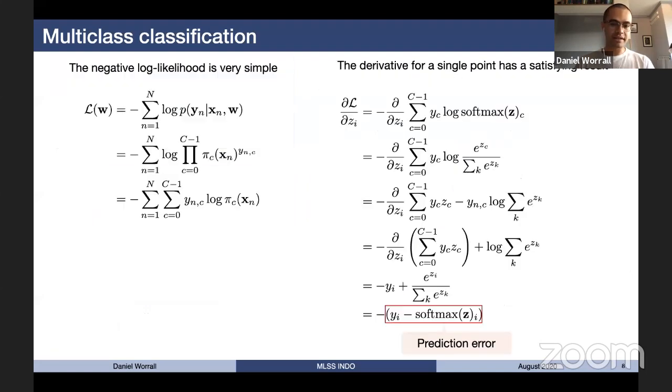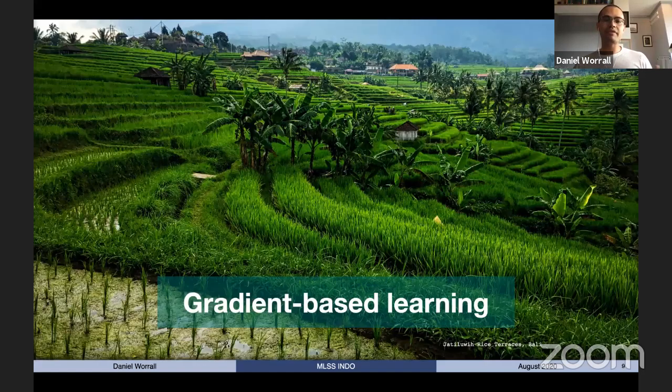We want to take these gradients, set this equal to 0, because that's how we do optimization. The problem is I can't do this on paper, unfortunately. No one can. It's what's called an intractable problem. So we have to resort to approximate numerical techniques, and the most famous one is gradient-based learning.